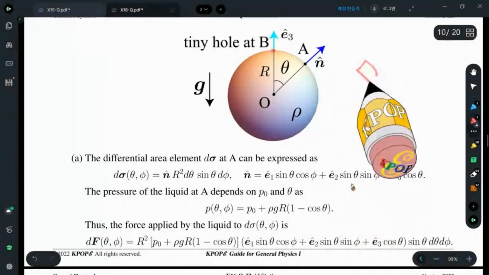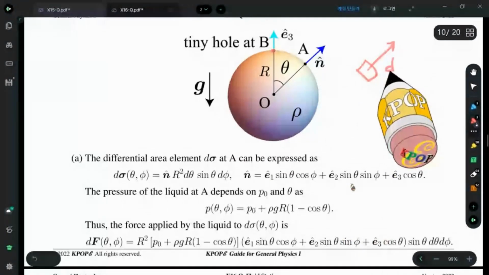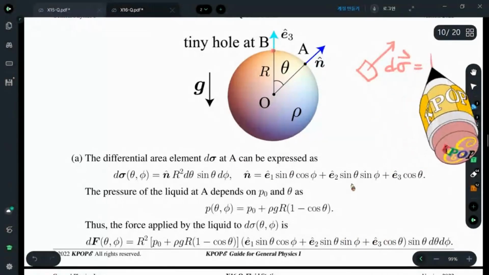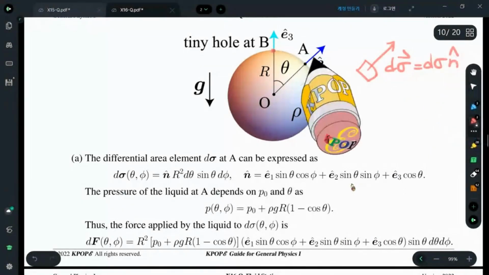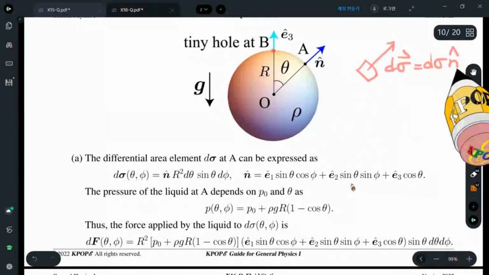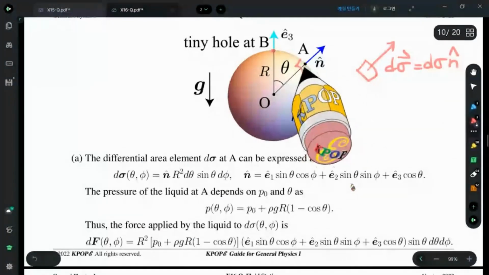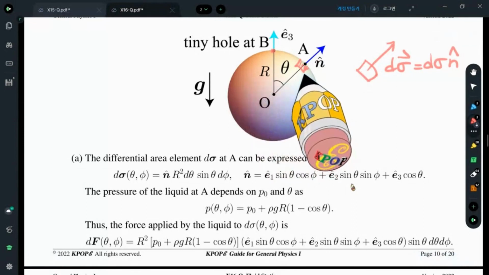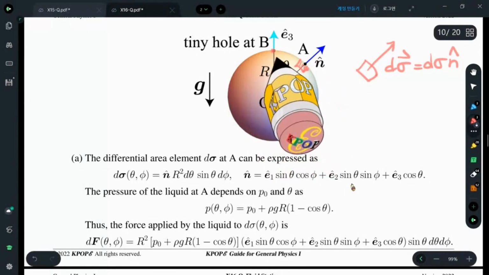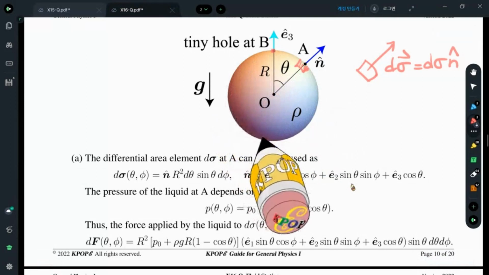We call the vector dSigma, where n hat is the unit normal vector of a patch. And the question asks you to compute the net amount of force.